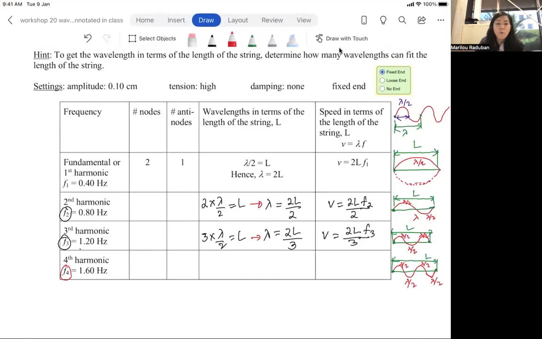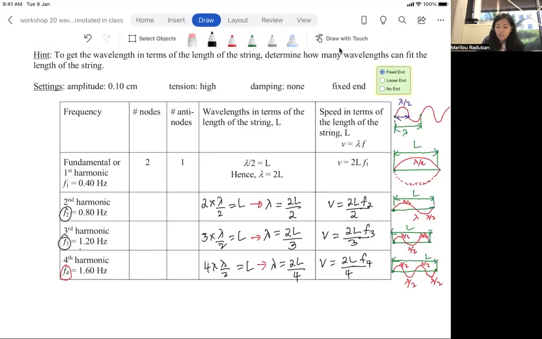You'll see that you have 4 half wavelengths contained in the length of the string. If you rearrange that again to isolate wavelength, you'll have 2L divided by 4. And for the speed, you have wavelength 2L divided by 4 times the frequency, which is F4.